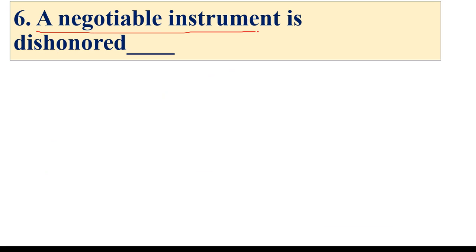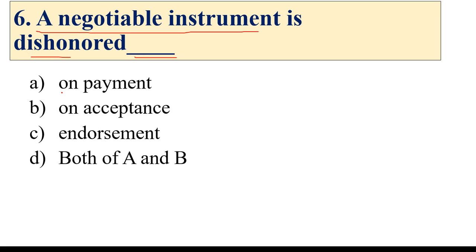A negotiable instrument is dishonored dash. Options are on payment, on acceptance or endorsement, or option D, both A and B. Okay, so a negotiable instrument is dishonored by which process?